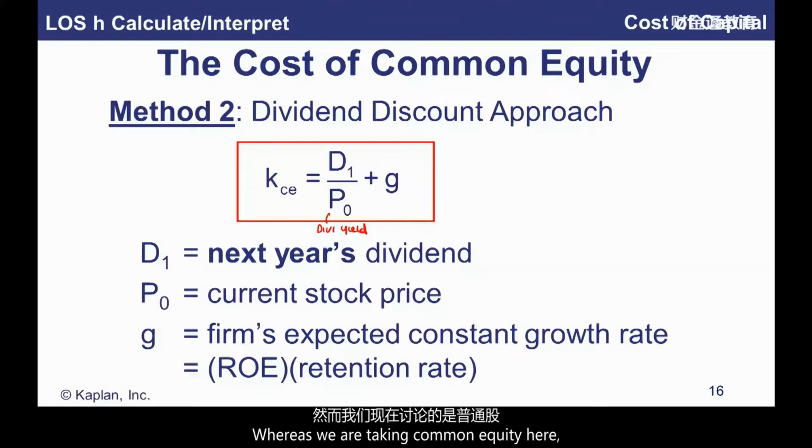Whereas we're talking about common equity here, ordinary shares, where I would hope my dividend is going to grow over time. So we need to take into account a growth rate. We take our dividend yield and add to it the firm's expected constant growth rate to get the cost of equity.